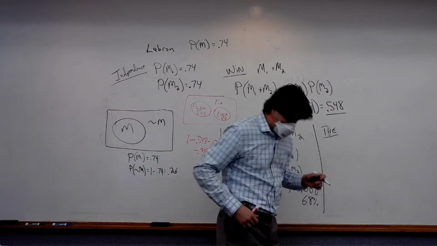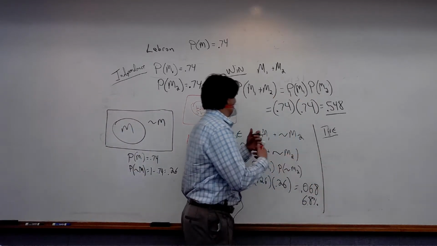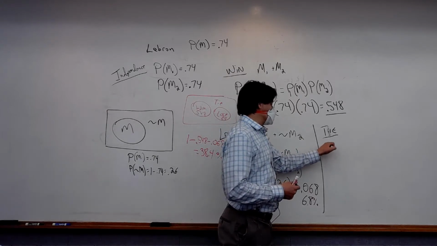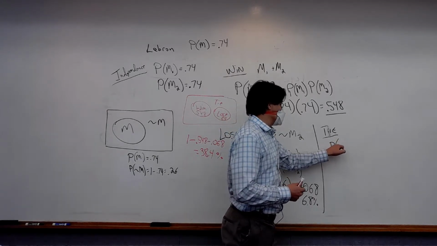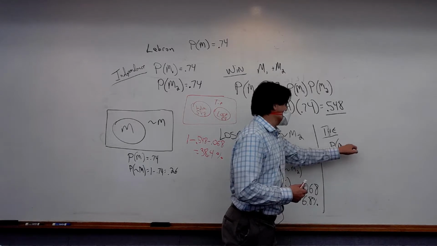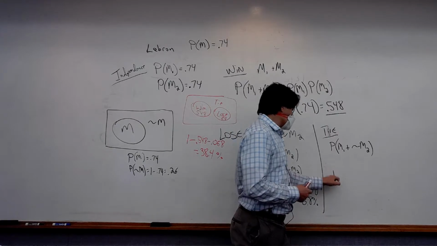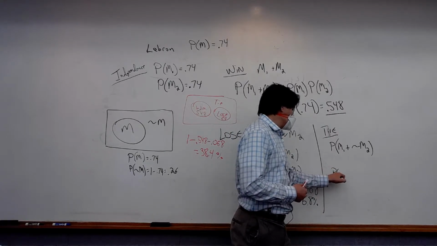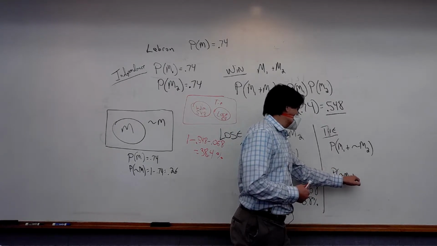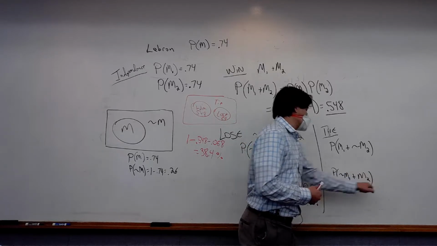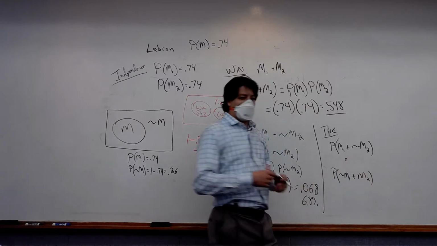Mathematically, or using our formulas, what are we talking about in terms of chances of a tie? So we could, what's the probability of making the first plus missing, so not making the second? Or, of course, we could do probability of missing the first, and then he makes the second. Okay, again, these are independent.